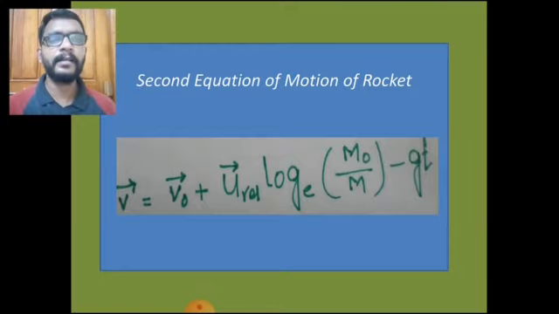That is, the instantaneous force acting on the rocket is the addition of external force and reaction force. What is the reaction force? That can be written as relative velocity into dm by dt, the rate of change of mass of the rocket, the rate of change of mass of the total system. Now let us derive the first and second equations of motion of the rocket.